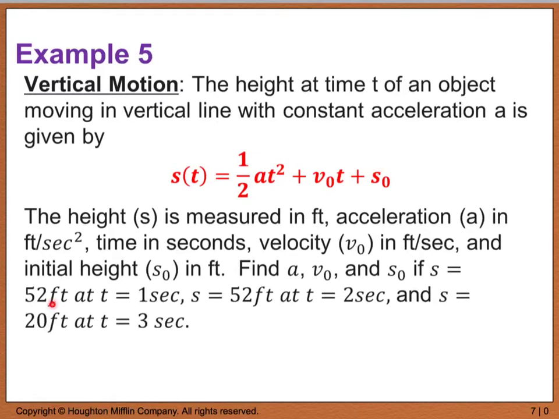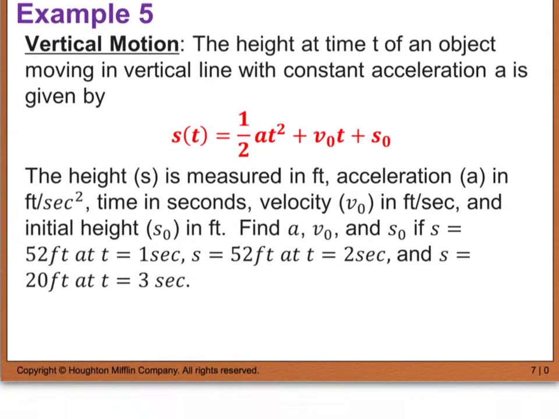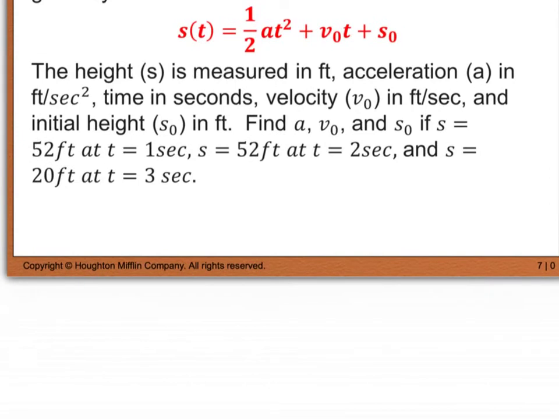So what we want to do is find acceleration, velocity, and initial height, given that we have a height of 52 feet at 1 second, 52 feet at 2 seconds, and 20 feet after 3 seconds. So the best way to approach this is to set this information up into an equation that directly correlates to that.